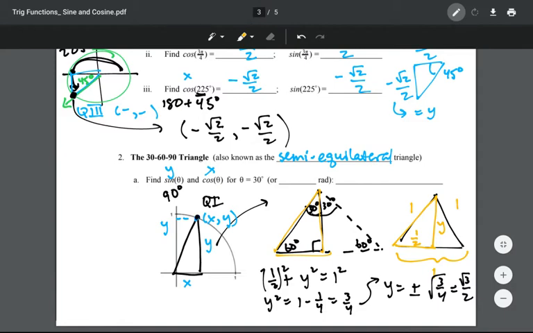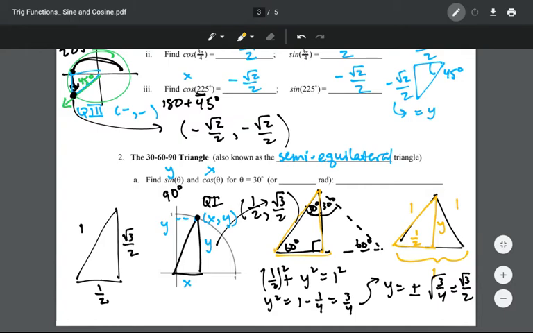So this point that we have right here has an x of 1/2 and a y of radical 3/2. Let me go ahead and draw that out just a little bit better. So an x of 1/2, the hypotenuse is of course 1, radical 3/2.